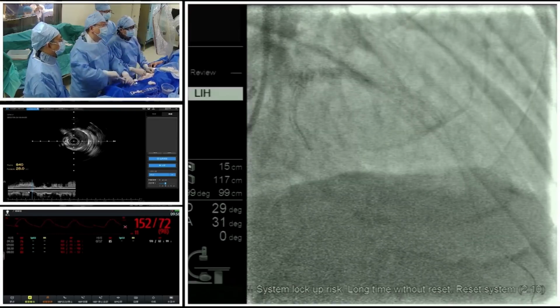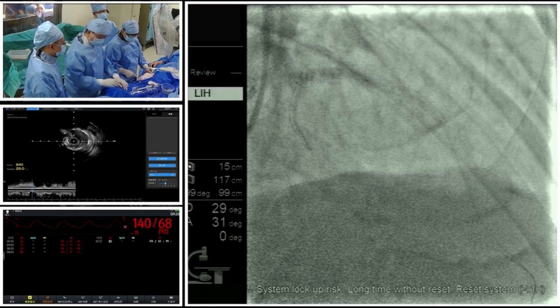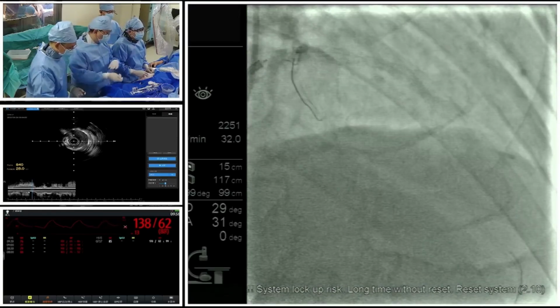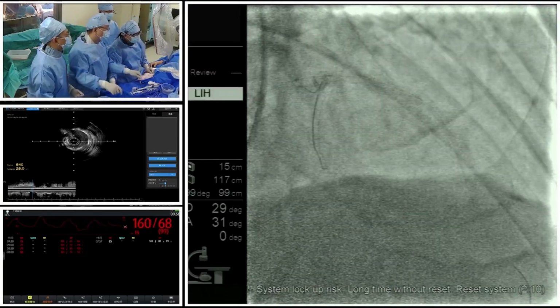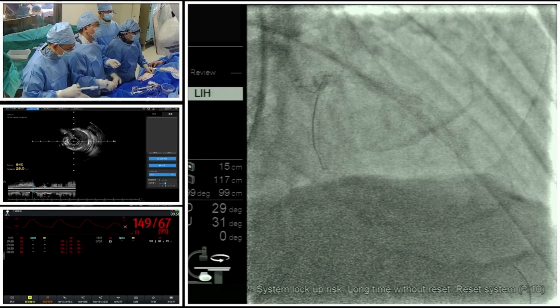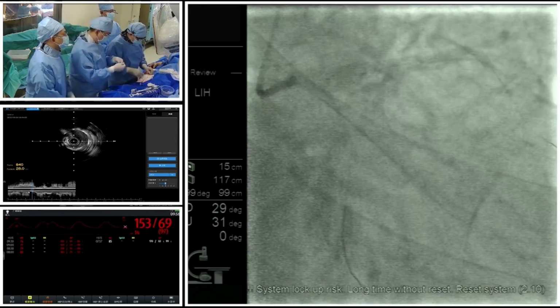Okay. All right. So 2 minutes left, and then they will transfer to Nanjing. I will rewire.